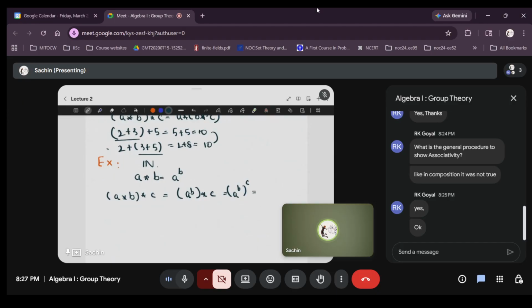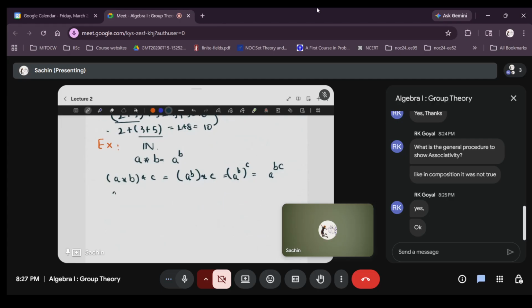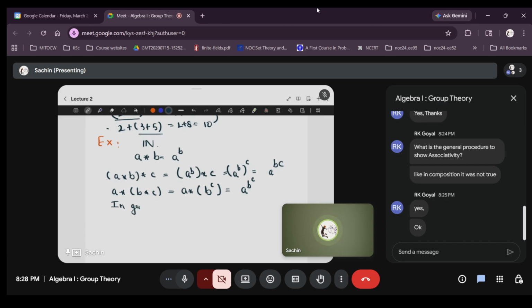By the law of exponents, this is a power bc. But a star (b star c) is a star (b power c), which is a power (b power c). And in general, b power c is not equal to bc. There might be specific elements for which this is true, but for example, if b and c are 2, 2 squared is 4, which is equal to 2 times 2, but it's not true in general.